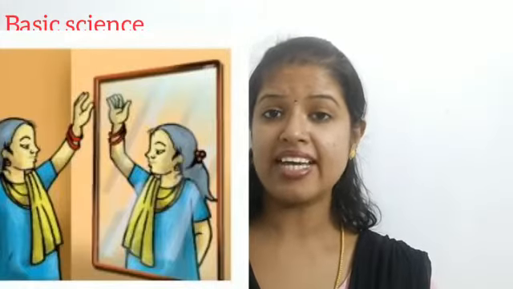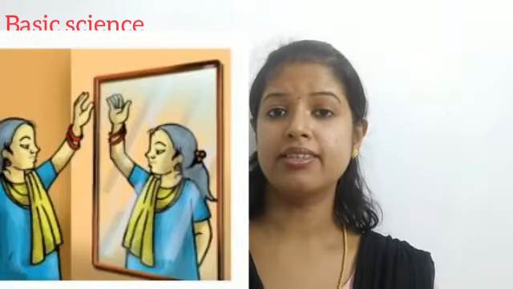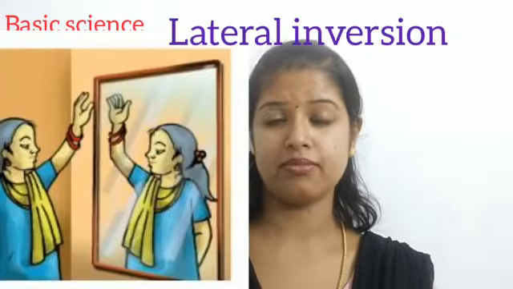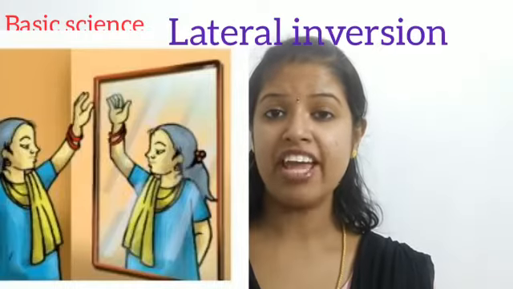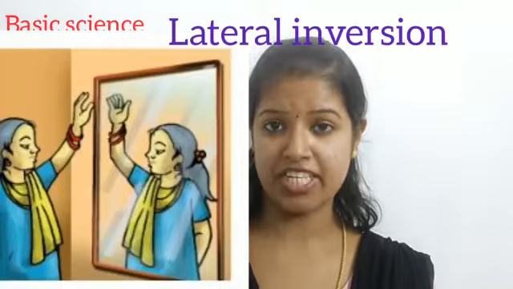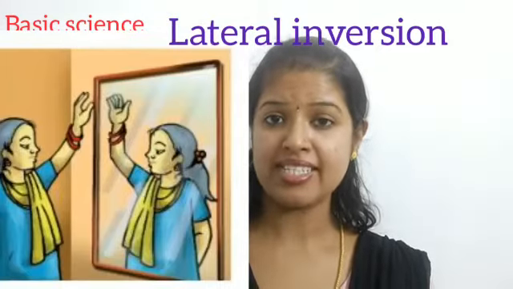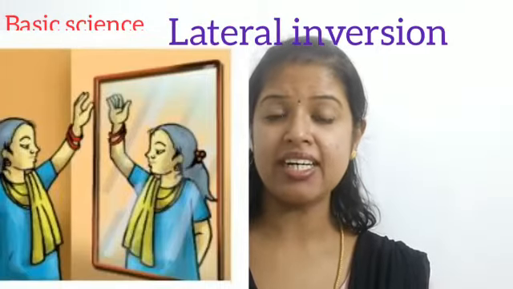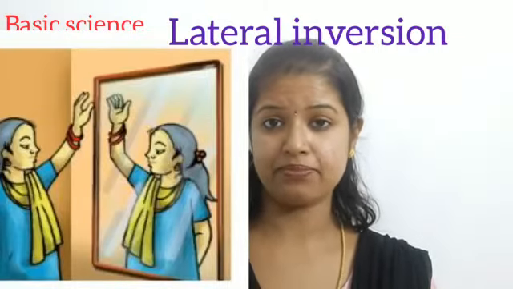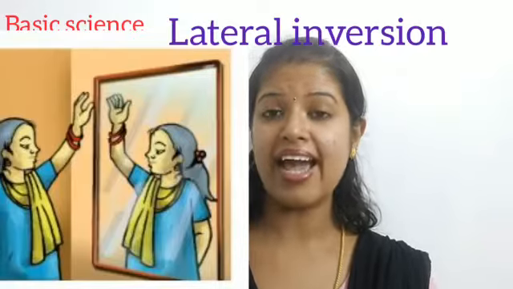So here there is a principle that is called lateral inversion. When we hold our hands laterally, that means straight, as you can see in this picture, the girl is holding her hand straight.